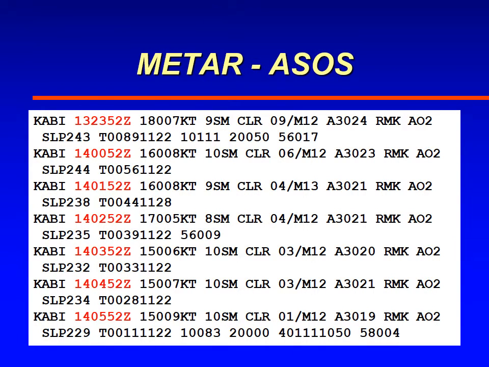Here's an example of an ASOS machine in Abilene, Texas. You can see this one has observations every 52 minutes after the hour. From the top all the way down, as you go down, time is increasing. You can see the first observation is made at 23:52 on the 13th day. After that, it switches over to the 14th day at 00:52, and then 01:52, 02:52.